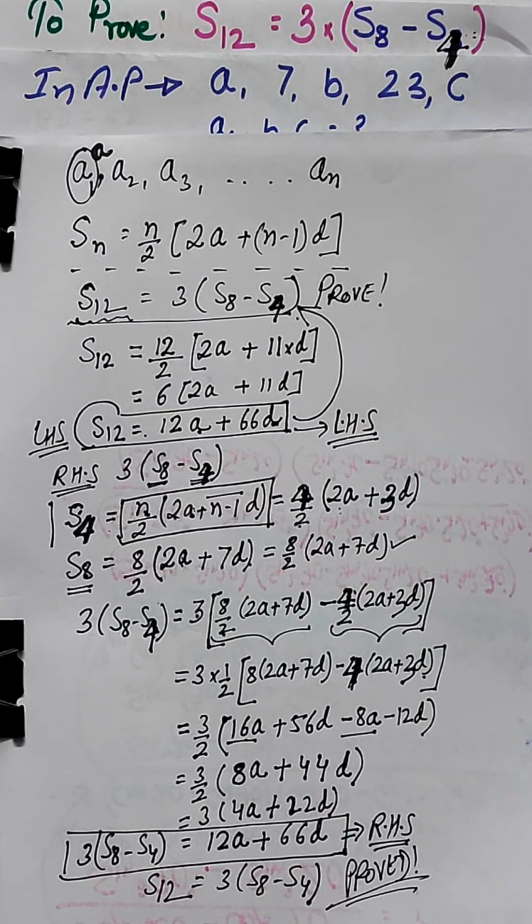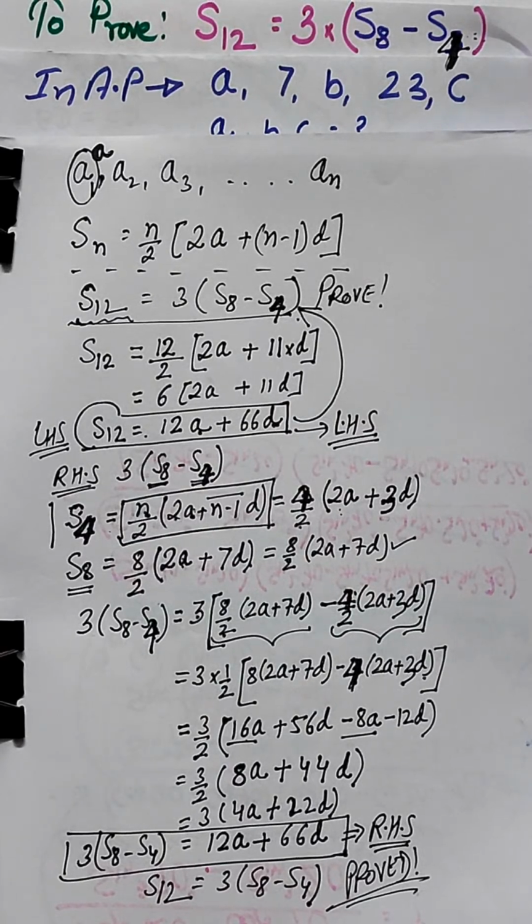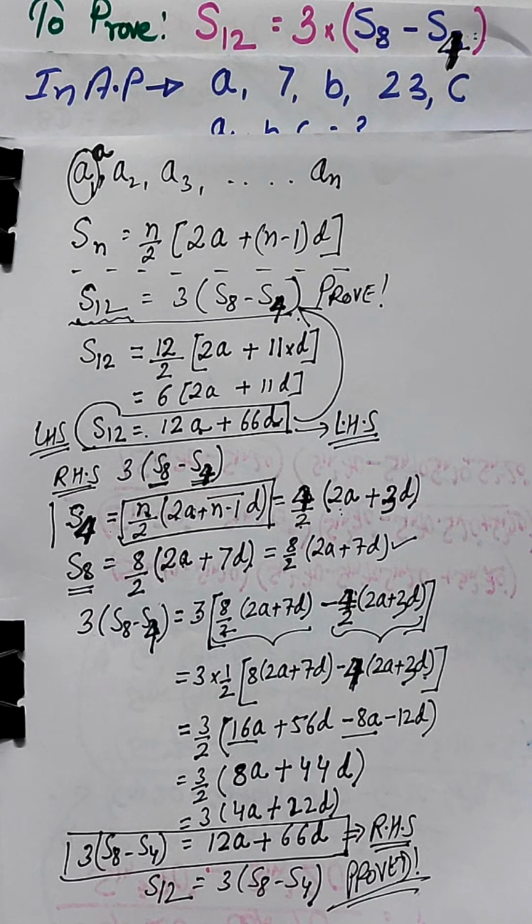Where S4 is the sum of total four terms of that AP, that is the initial 4 terms, right? And S8 is the sum of initial 8 terms of that AP, and similarly S12 is the sum of initial 12 terms of that AP, right?